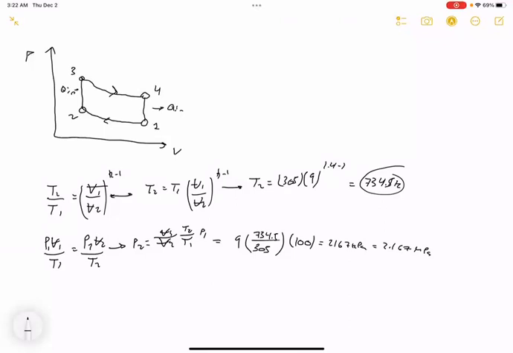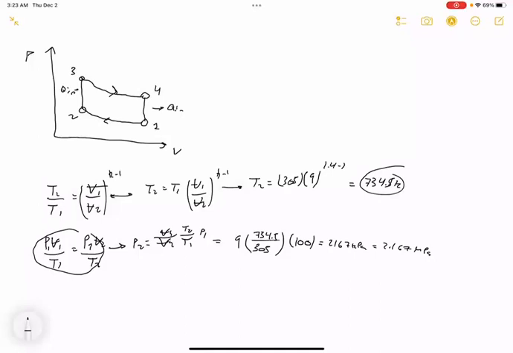So now we know state 2, we can maybe work our way towards state 3 a little bit. We can use this same relation to go from 2 to 3 and find the pressure. Of course, though, we'll need to know the temperature ratio T3 over T2, and we don't know T3.